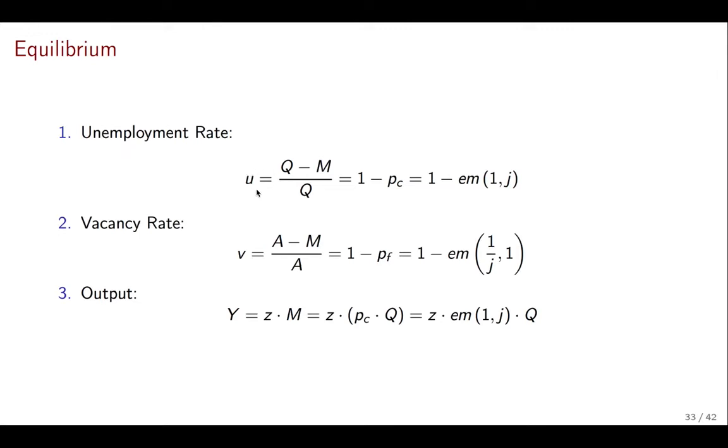And so by knowing J, we know directly what's going to happen to the unemployment rate. So even if you don't know exactly what's going to happen to Q, if you know J, you already know what's going to happen to the unemployment rate. There is something similar for the vacancy rate, where if you know J, then you're also going to know what the vacancy rate is going to be. Then finally, output in this model is going to be given by Z times the total number of workers.